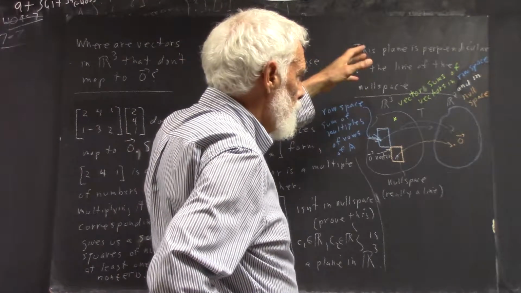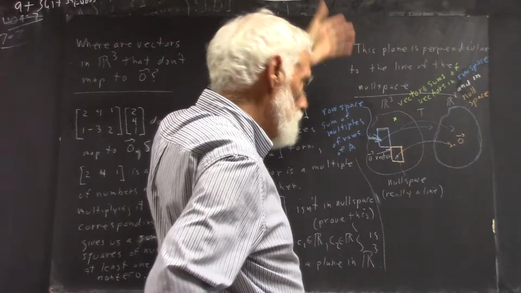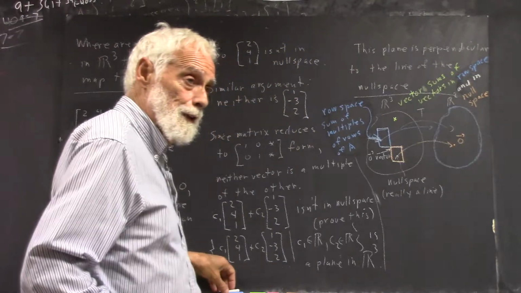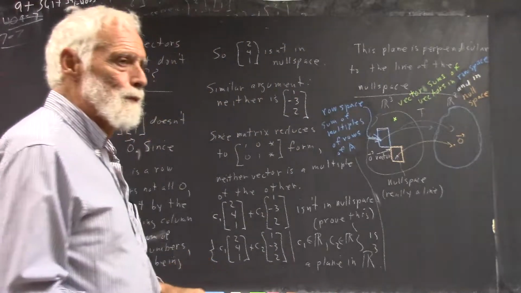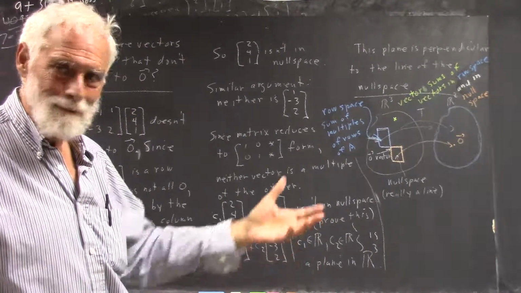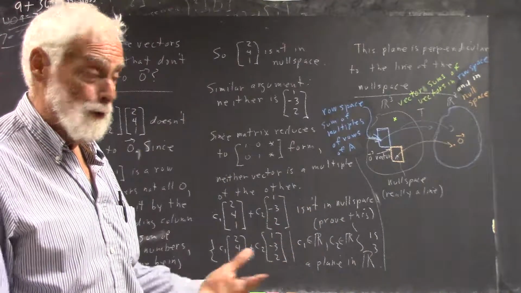And there's a name for that. It's called a direct sum, but I'm not going to use that terminology now. We'll see it when we write down the definition, and you see it in your book, where you can read it.